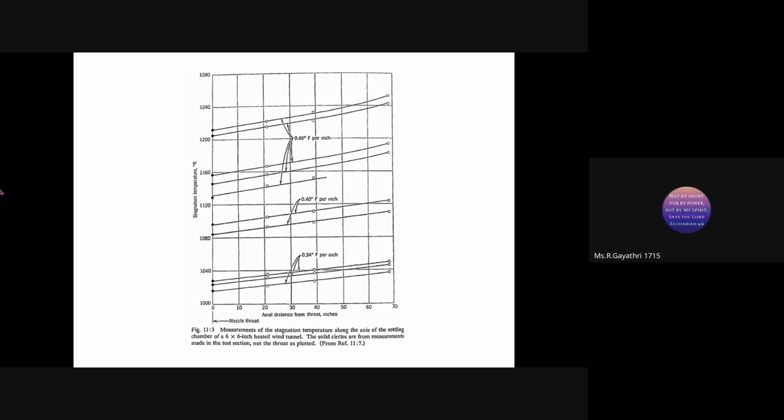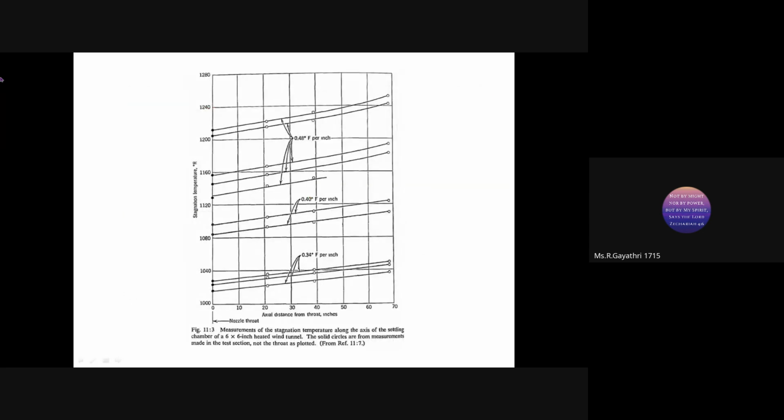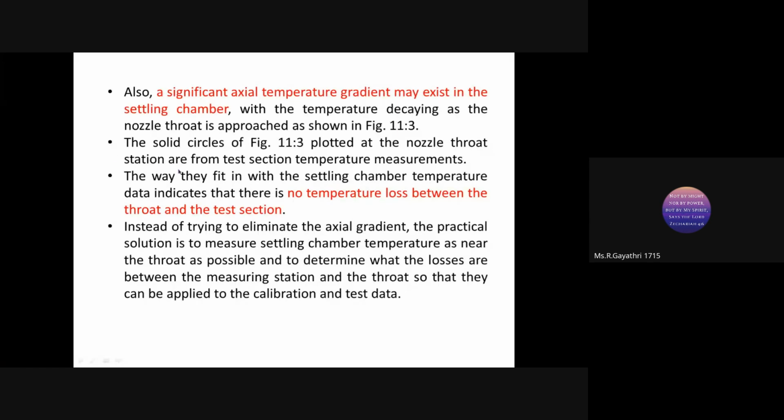The solid circles indicate measurements made in the test section. Here the solid circles plotted at the nozzle throat station are from test section temperature measurements.